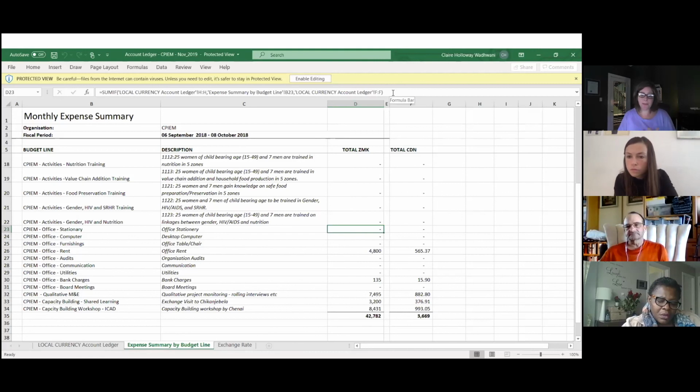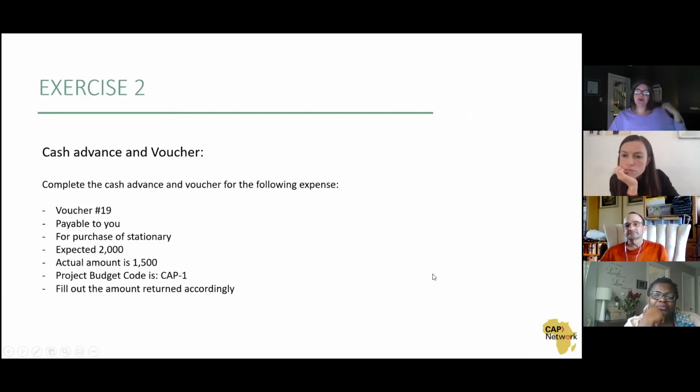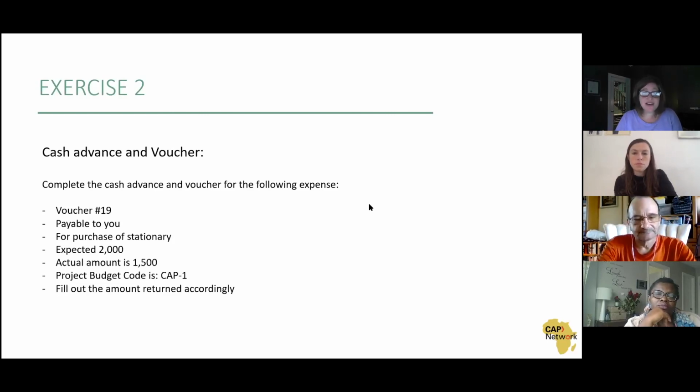Okay. For anybody who wants to do this exercise, I've got a second one here that's looking at the other forms, the cash advance and corresponding voucher. If you have the time this afternoon or this morning, wherever you're sitting in the world, I would suggest doing that now while the information is fresh so you can go through the process.